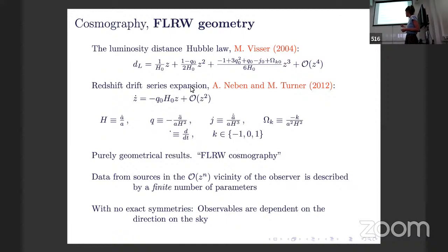And this means that basically at each order in redshift, we add one new parameter to be determined from data. So if we can motivate a truncation of the Taylor series, we have a finite number of degrees of freedom to determine from data. And this we can, in principle, do and extract information about the universe kinematics without having assumed the underlying field equations.